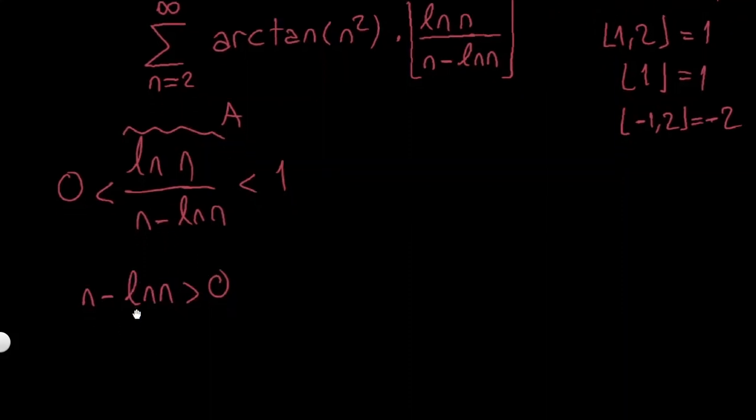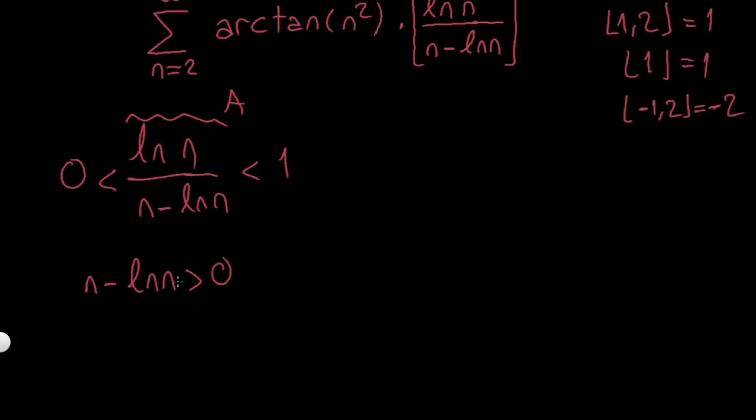So how can I show that? Well, I can just send this ln n to the other side. So this is true if and only if n is bigger than ln n. I'm just going to take e to the power of both sides, and I know that e to the x is an increasing function, so the inequality won't change.